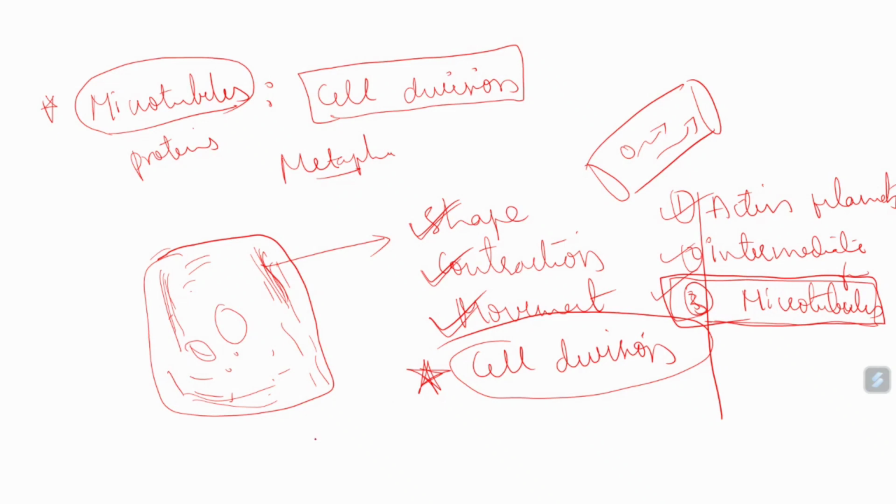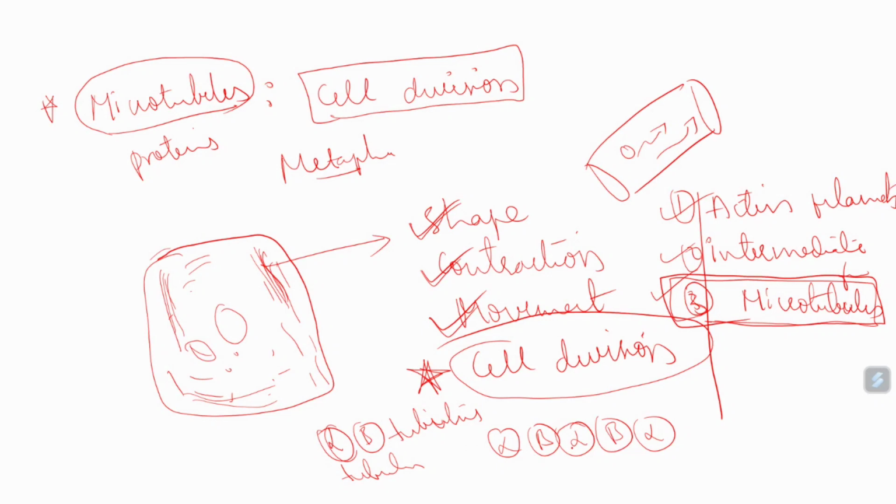Now, these microtubules are made up of certain proteins which are called alpha and beta tubulins. We have alpha tubulin and beta tubulin, alternating: alpha tubulin, beta tubulin, alpha tubulin, beta tubulin.